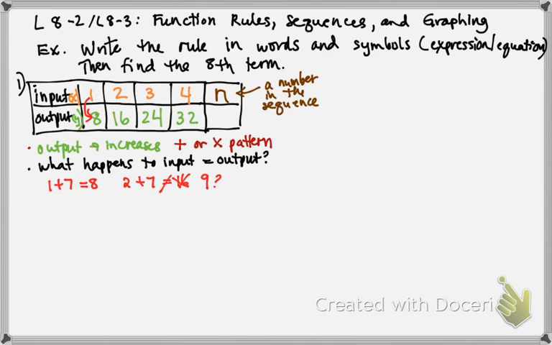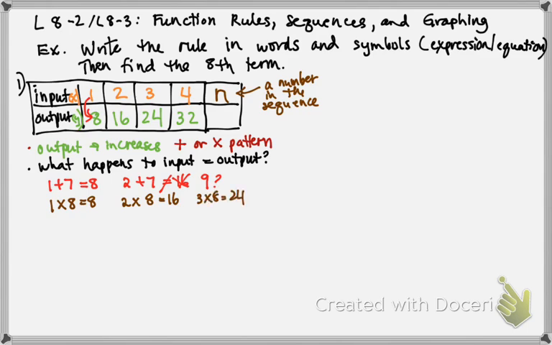Okay, so when the adding pattern doesn't work, that's when I try a multiplying pattern. Okay, so we scratch the adding, and let's try multiplying. So 1 times 8 equals 8. 2 times 8 equals 16. Yes. 3 times 8 equals 24.